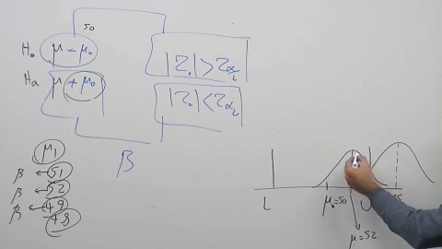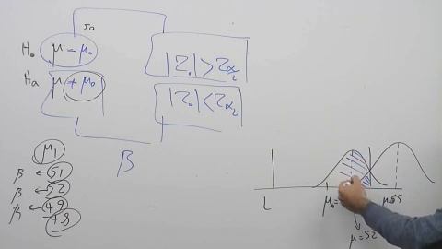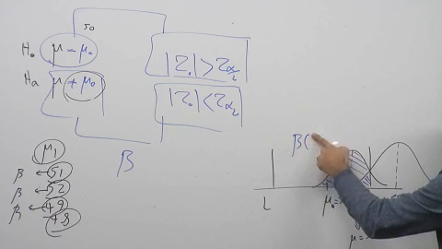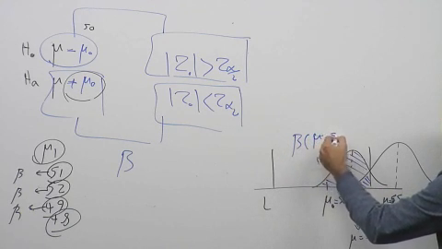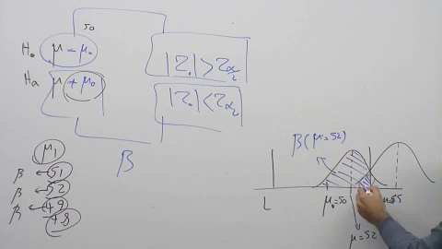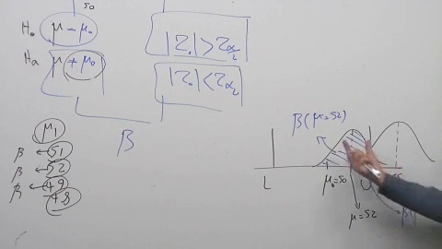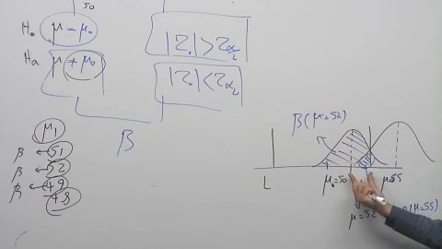It is this side. So this is beta of mu equal to 52. This guy is beta of mu equal to 55. So you can see definitely this beta is greater than this.